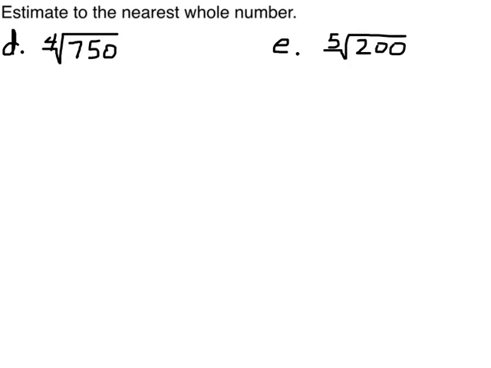We tried 6, and 6 times 6 times 6 was 216, and what would 216 times 6 be? 1296. So 6 is way too far away.